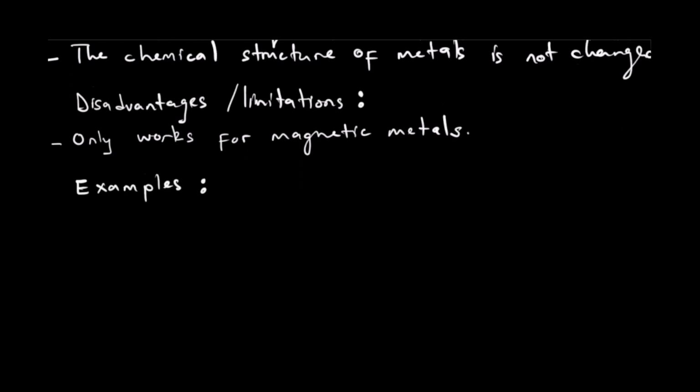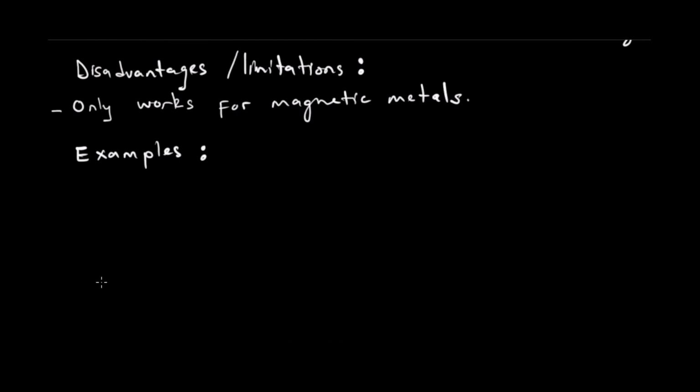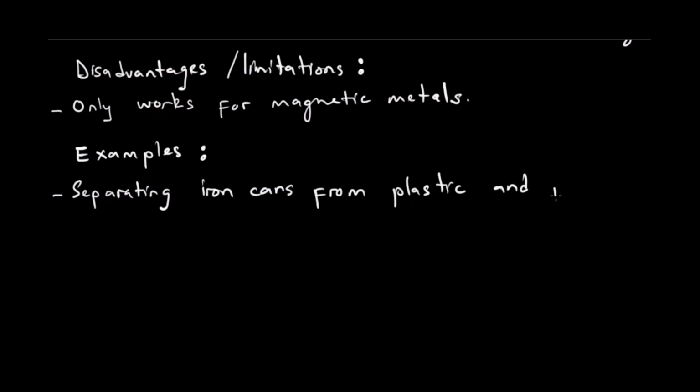So examples of usage. Tinoishandisa pachi when we are separating iron cans. So we have cans which are made from iron, from what? Plastic and paper. Saka ma iron cans ndio arichi, ndio anenge ari magnetic, and plastic and paper is non-magnetic.